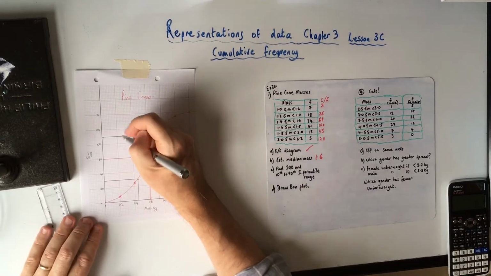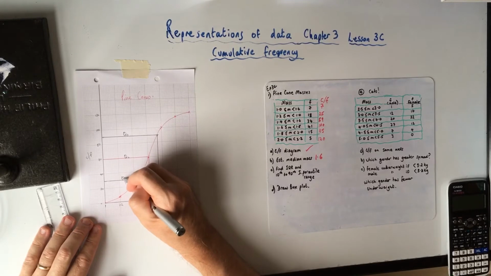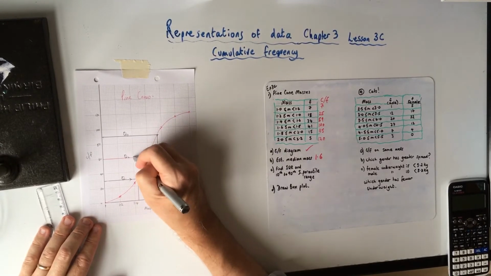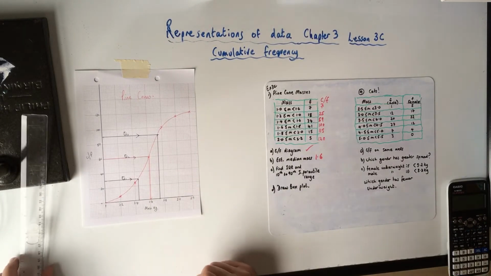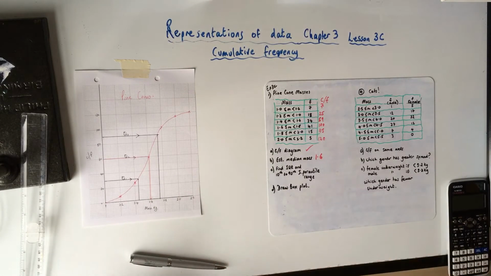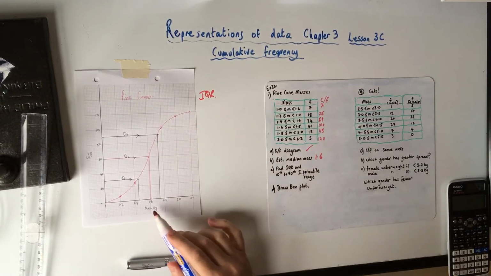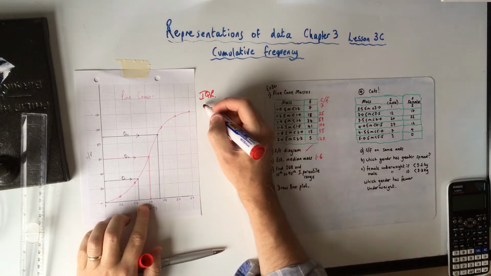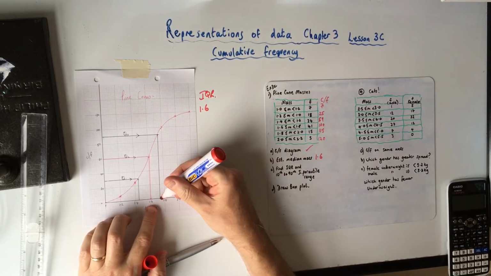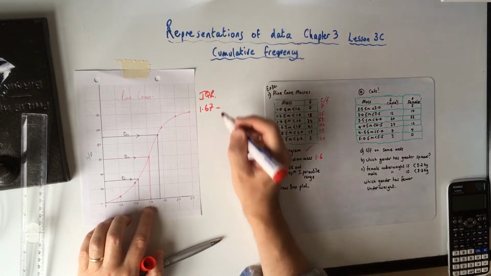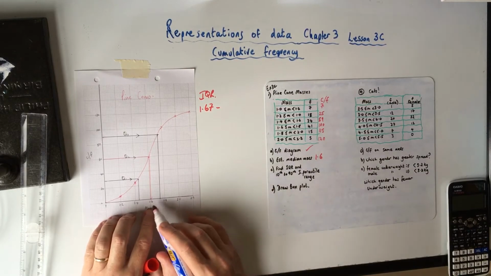Okay, I'm going to put Q3 on that, Q2, Q1, and of course we're going in that direction with those. And so the interquartile range, just reading off, is 1.67 minus, hang on, I'm doing this wrong here.